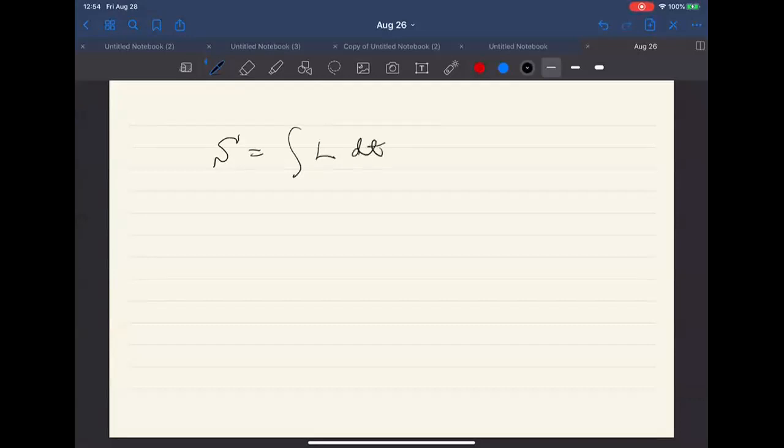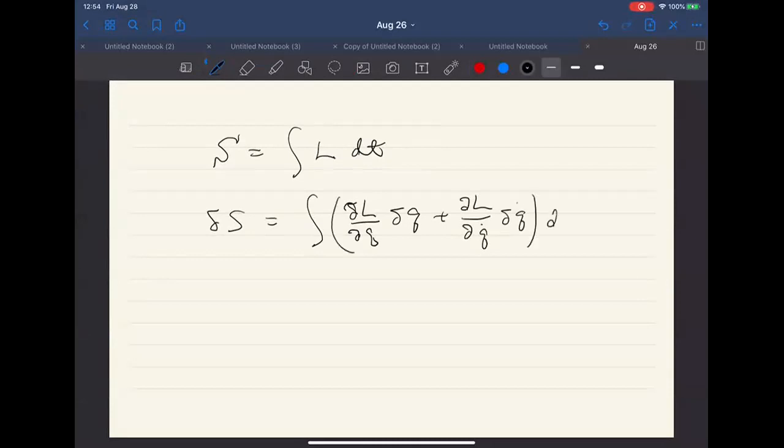I hope you can see this. Okay, and then you take the variation. Because L is a function of both Q and Q dot, you get this.